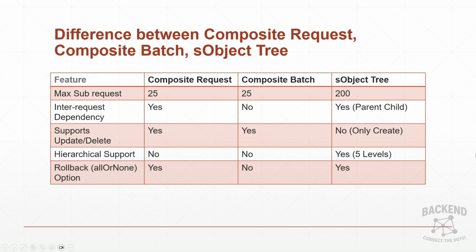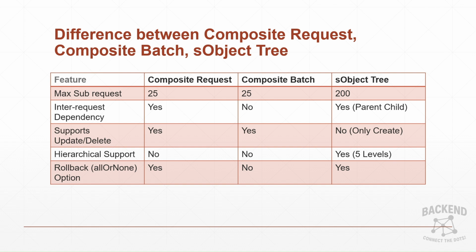For example, you create an account as the parent object, under that you modify the contacts, and under the contacts you do opportunities. These are dependent in a hierarchical manner, right? That can be done with the sObject tree.